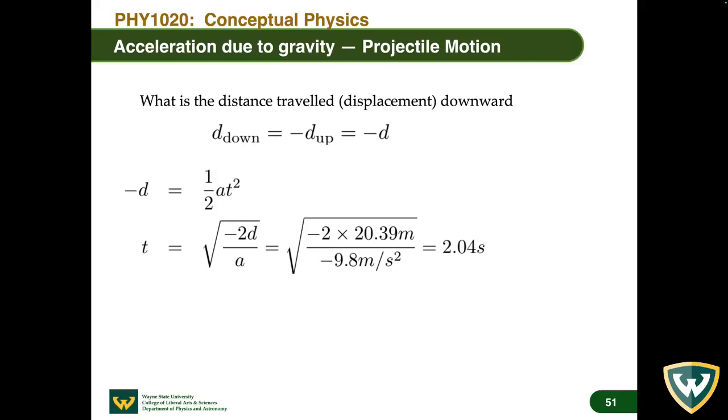And so t equals the square root of minus 2d over a, and that's indeed 2.04 seconds. In other words, it takes the same amount of time to go down as it took to go up. And it also means that it will reach the same speed at the bottom that it had starting before it went up.